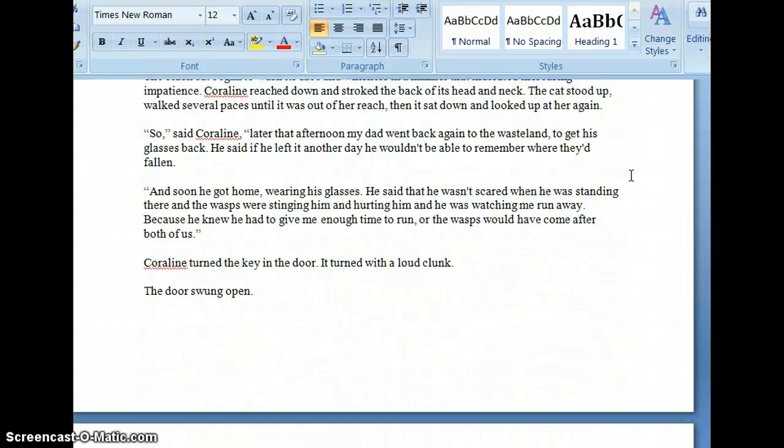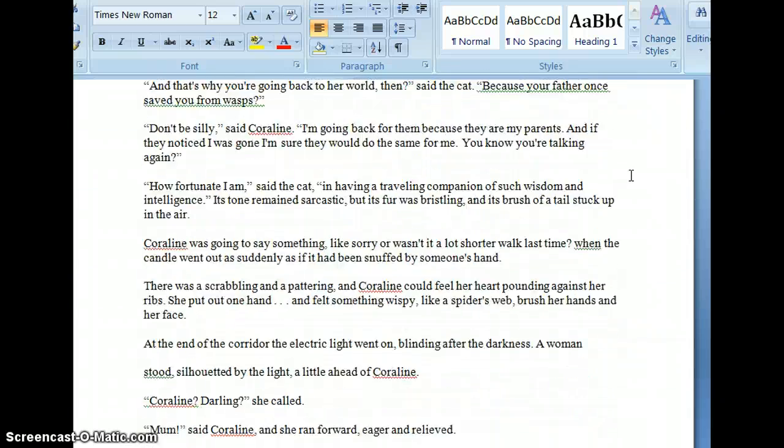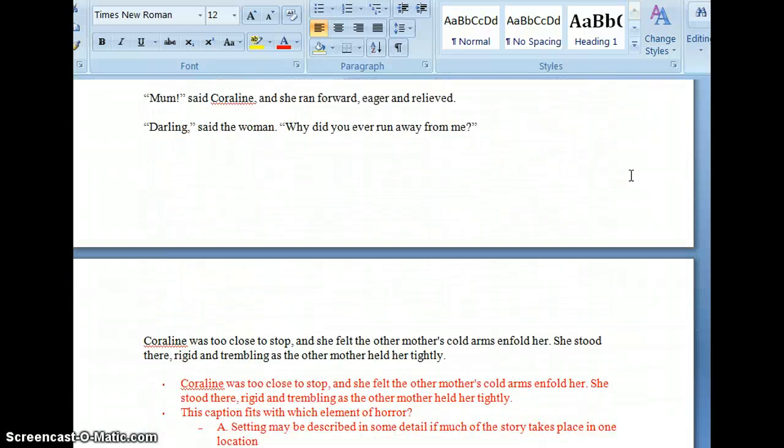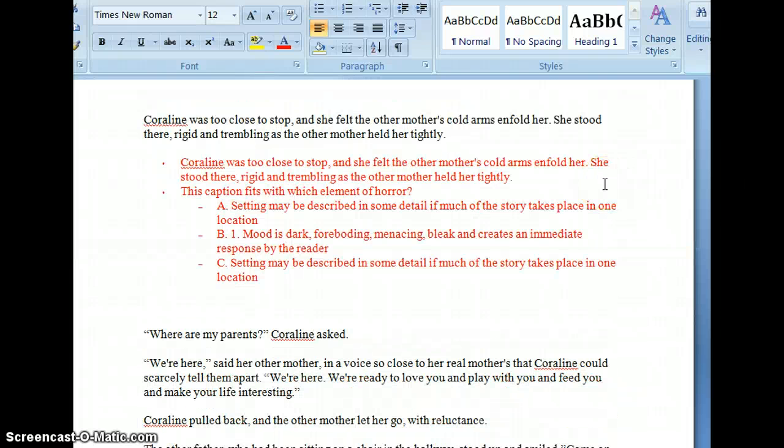I'll go through here and show you some more of my questions so you can see that it did cover quite a gamut. So here, Coraline was too close to stop, and she felt the other mother's cold arms enfold her. In this book, she had two mothers, one in kind of a different universe.